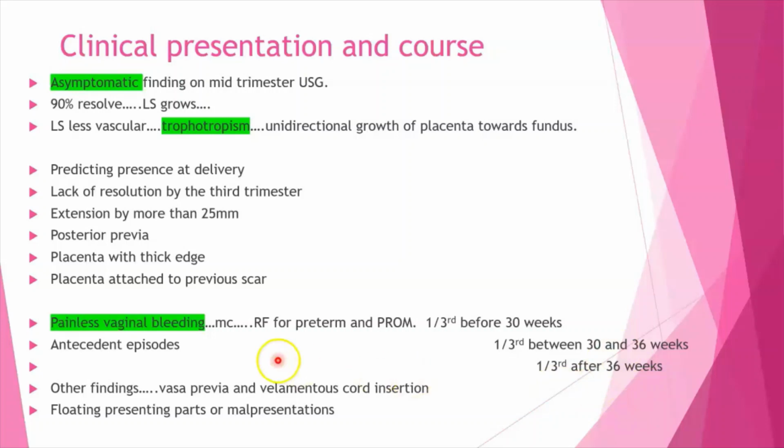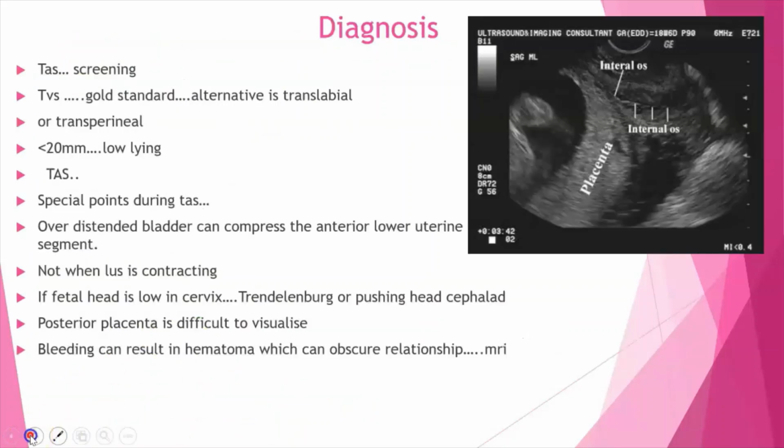So friends, placenta previa becomes a major risk factor for preterm labor and premature rupture of membranes. The antecedent episodes which occur in the antenatal period predict the caesarean delivery at term. The other findings are vasa previa and velamentous cord insertion, and previa presents with floating presenting parts or malpresentations.